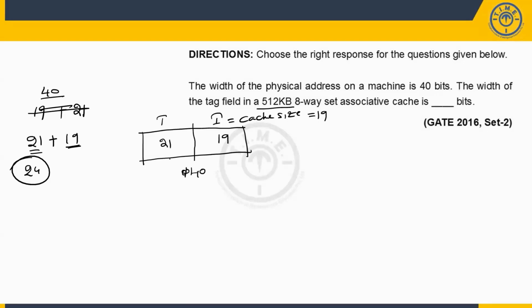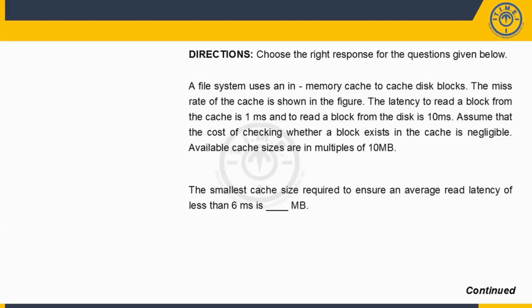Now it is 8-way associative. If it is 8-way, tag is equal to tag plus 3, index is equal to index minus 3. Here we don't consider the block because only the tag is asked. Tag is equal to tag plus 3, which is equal to 24. Clear? Okay, so 24 is the correct answer.